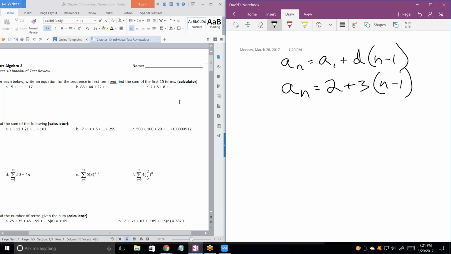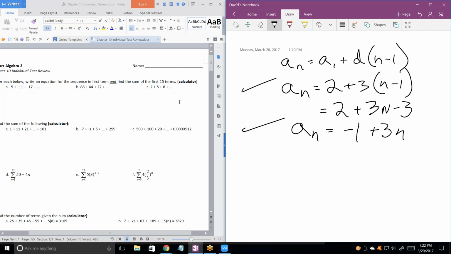If she wants the specific and you gave her that, you might lose points, because I can simplify it. I can distribute the 3, and now I can combine the numbers. So I end up with minus 1 plus 3n. That's really the nth term. This is the answer you'd want to get.